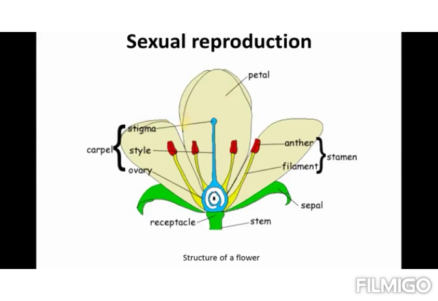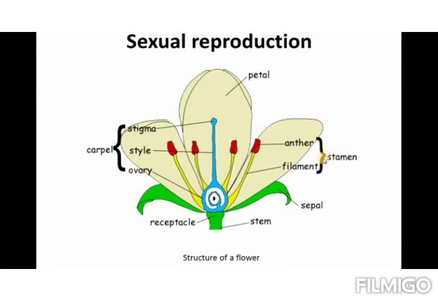The third whorl is called the androecium, and one member of the androecium is called the stamen. These yellow ones are the stamens, and each stamen has 2 parts. The upper swollen one is called the anther, and the downward one is called the filament.